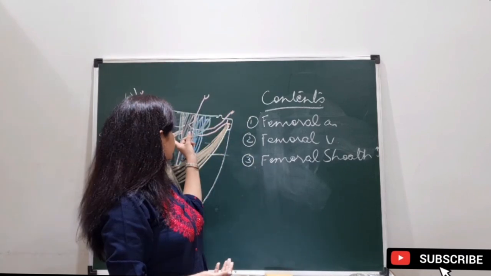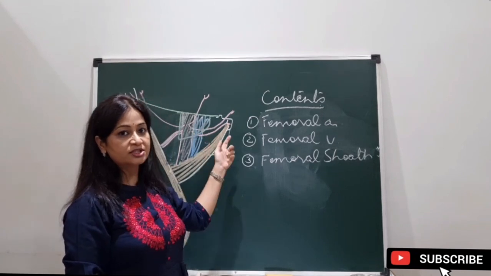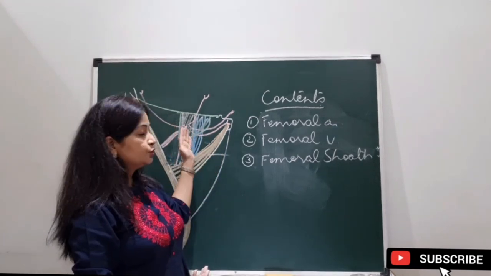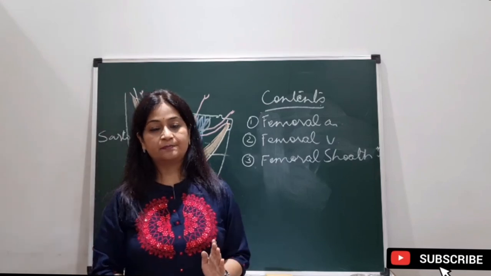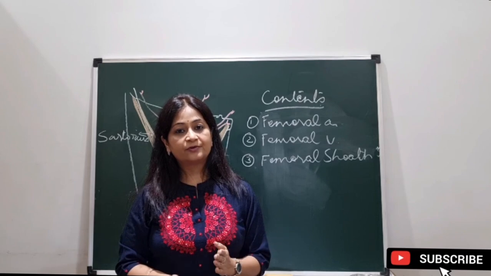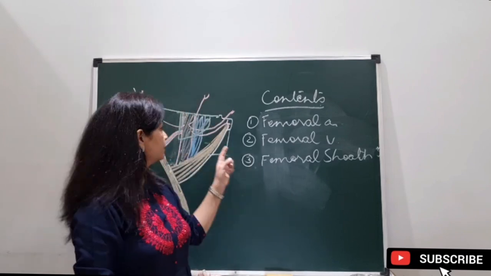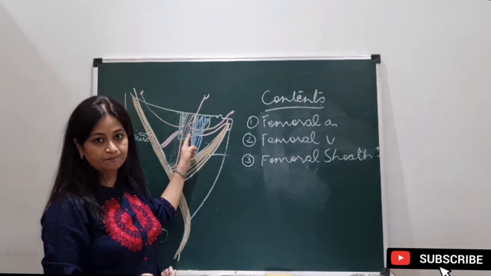Okay, so this upper 3 to 4 centimeters of the femoral vessels are enclosed in this sheath, and 2 antero-posterior septa divide this whole femoral sheath into 3 separate compartments. Now the lateral most compartment is occupied by the femoral artery.